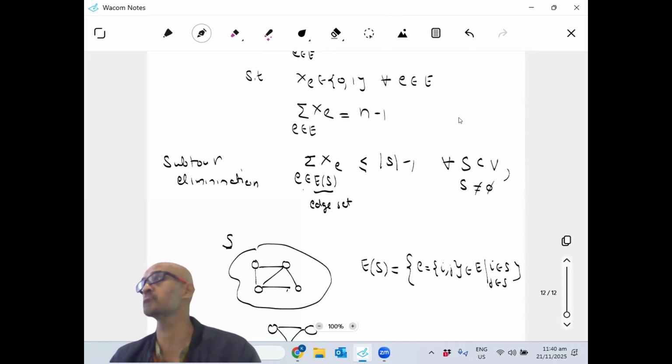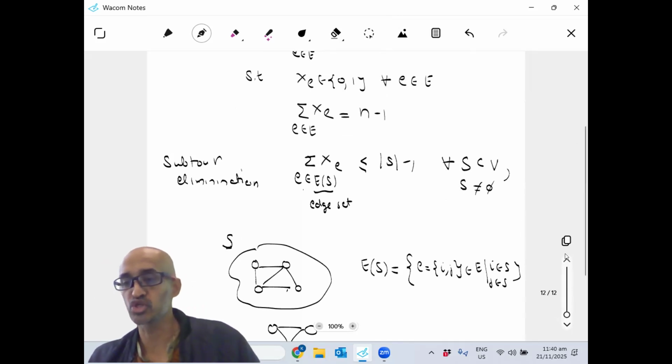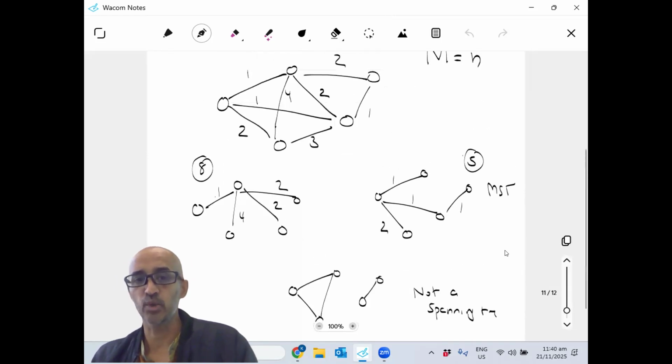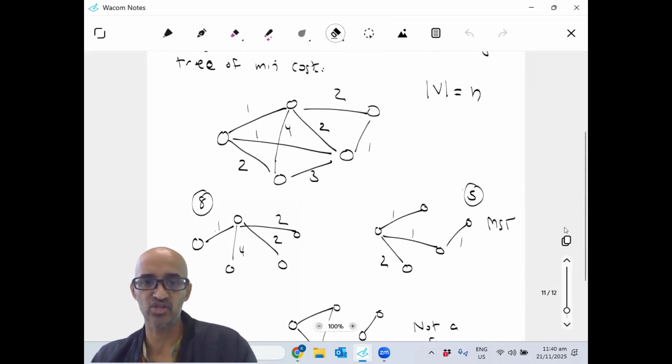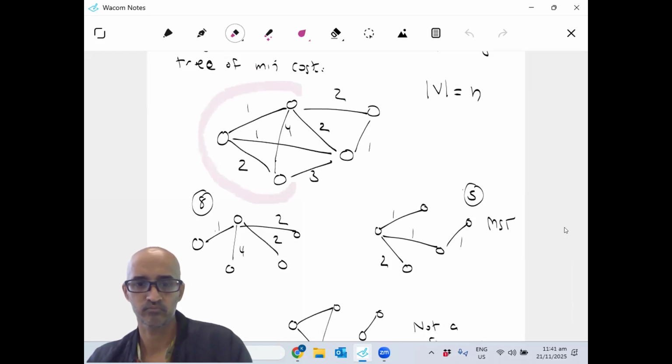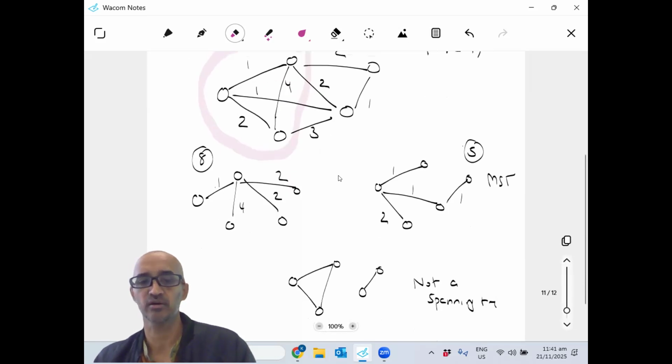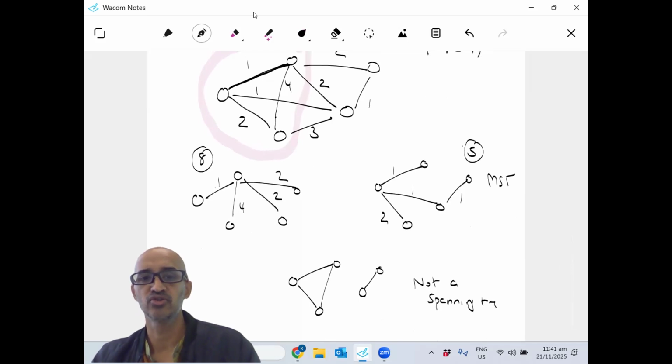This subtour elimination prevents solutions of this type, because if I look at the subset of nodes, if I chose this subset of nodes, what are my edges in this subset? It's basically this edge, and this edge.